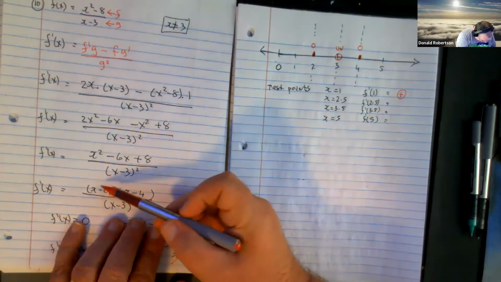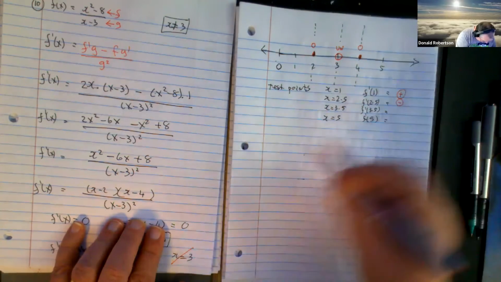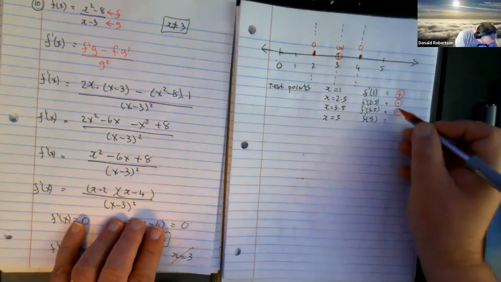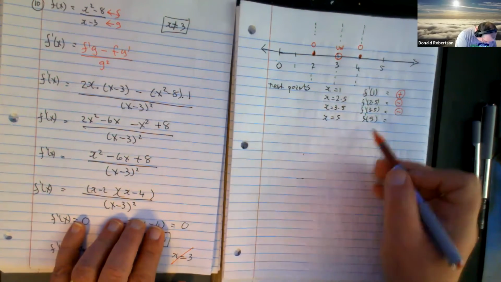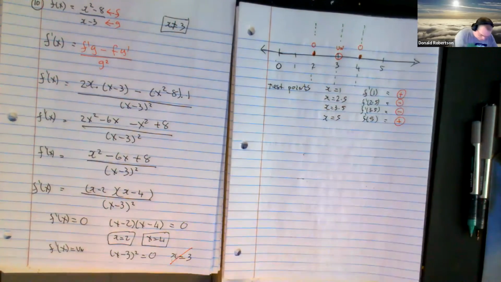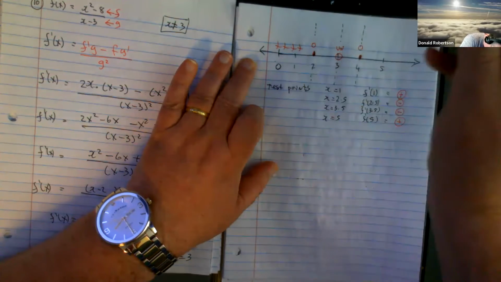You plug in 2.5, positive, negative, positive. You plug in 3.5, positive, negative, positive. And you plug in 5, positive, positive, positive. So I got what I needed.